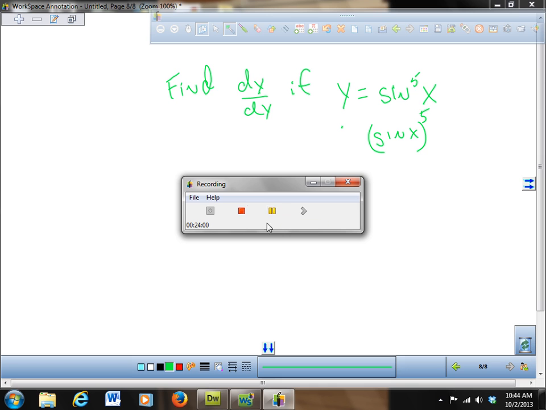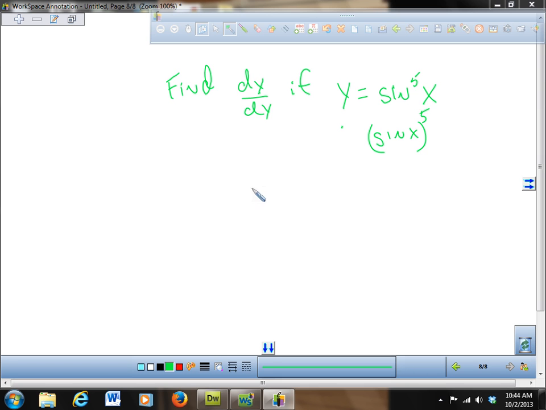The 4th, cosine x, right? So it's because the derivative of the outside is 5, that's a 5, not an s, sorry. 5 sine of x raised to the 4th power, okay, times cosine x, right? So it's like x to the 5th times the derivative of cosine.